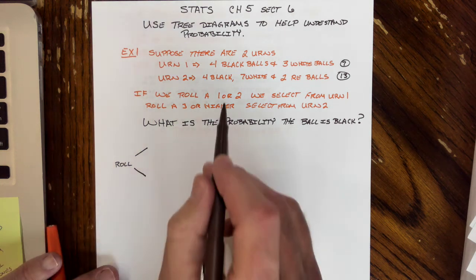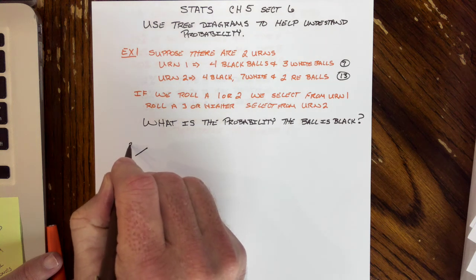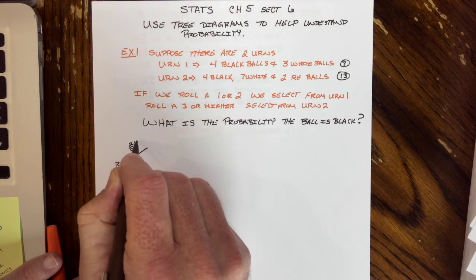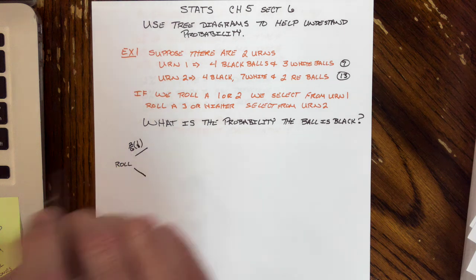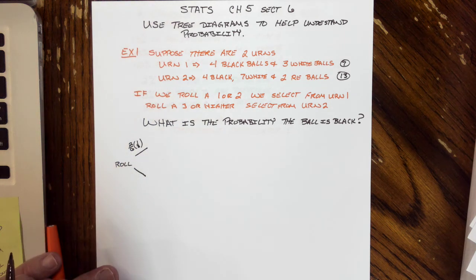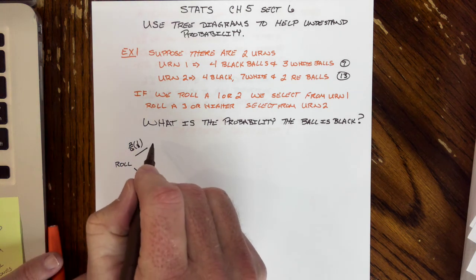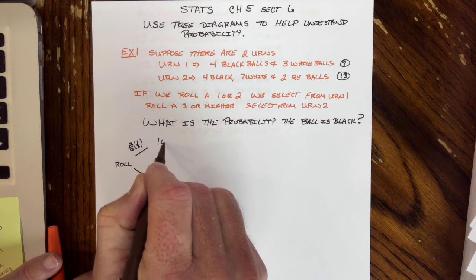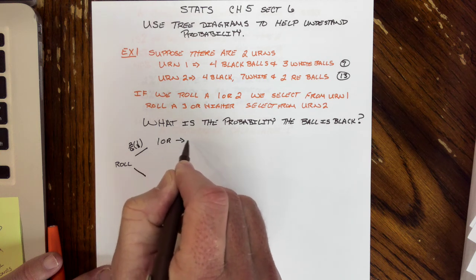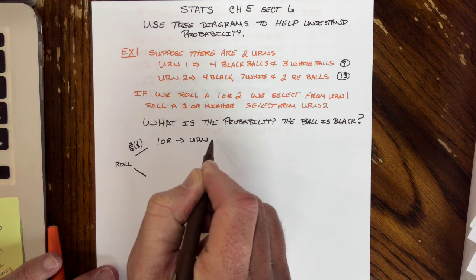So if we roll a 1 or a 2, that's 2 out of 6, which reduces to a 1/3. By that means we go to urn number 1.